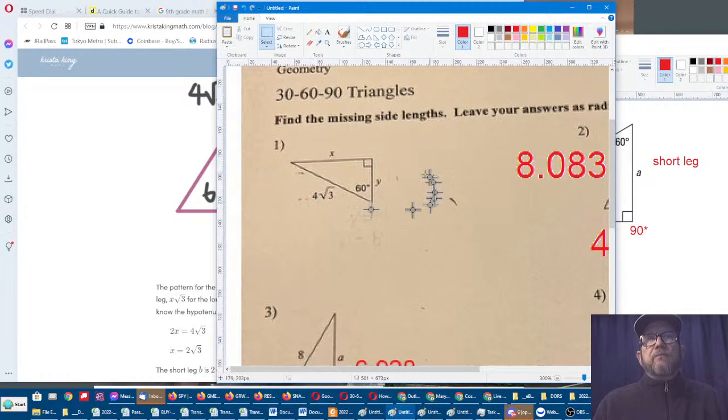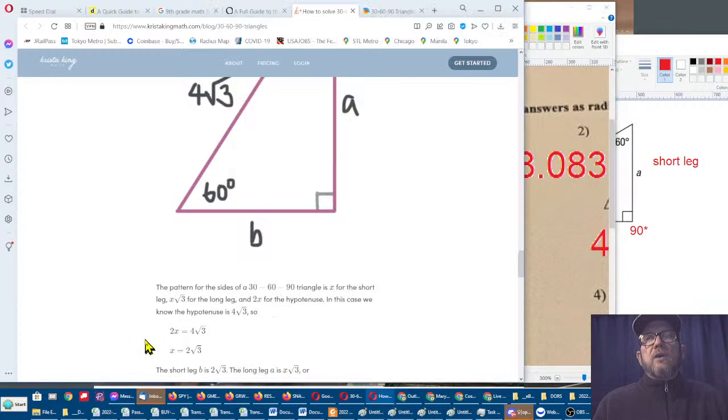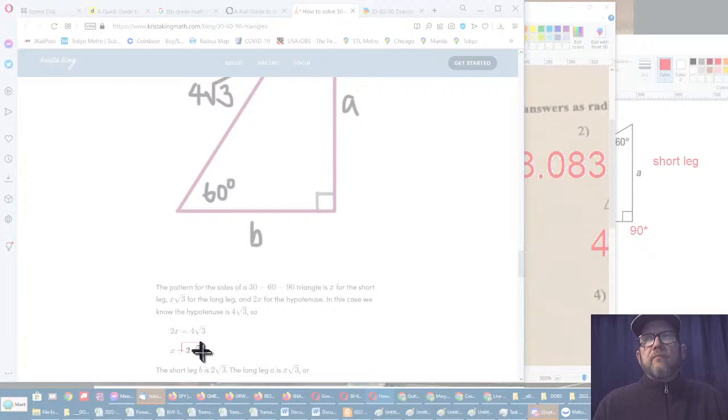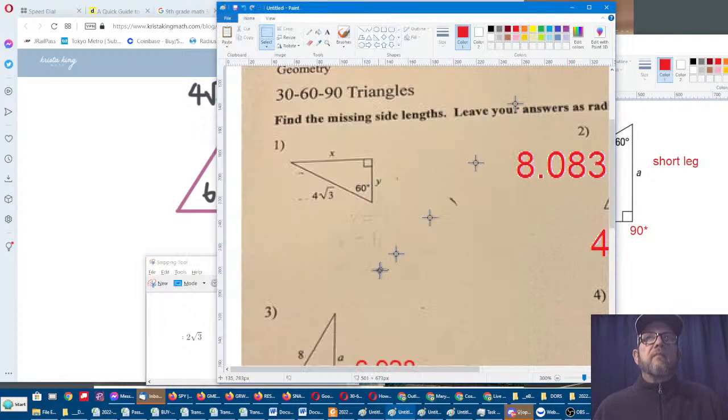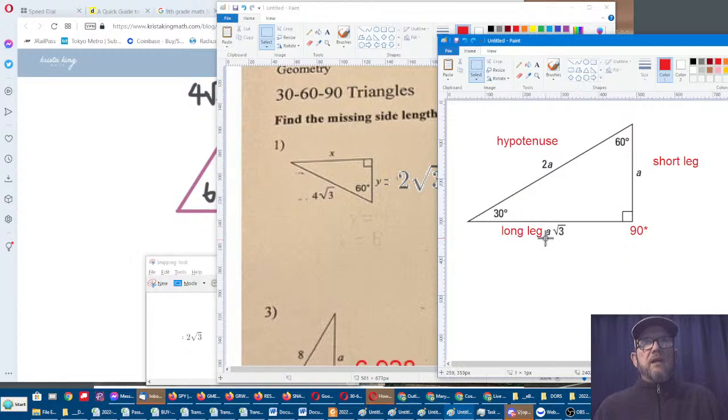So here, this is your short leg, so that's your answer for A. Now, how are you going to solve the long leg, which has the formula A times square root of 3?